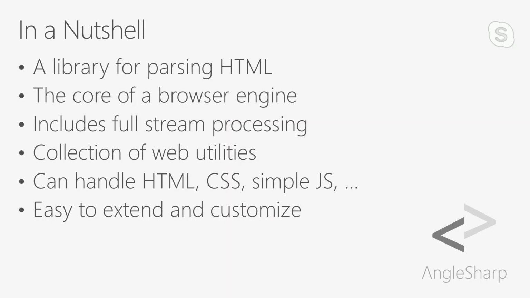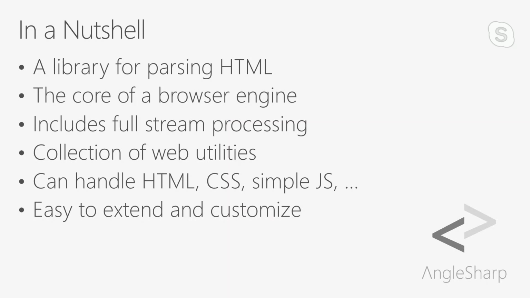Now, what we can do is we have a full stream processing unit like a standard web browser does, which means we do not stop when bytes arrive. We always evaluate them. We don't wait until all the content was received. We do that on the fly. We have a collection of web utilities for that, most notably in the encoding space.